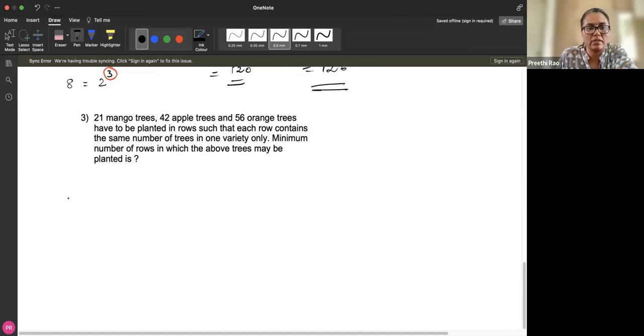I have mango trees, so let's say mango trees, I write it as M. I'm going to plant mango, mango, mango, mango. Apple, apple, apple. Orange, orange, orange. So I have to plant them in rows like this, such that each row contains the same number of trees in one variety only.